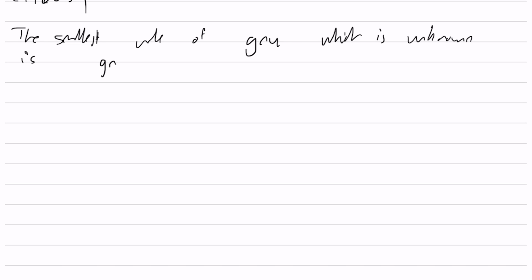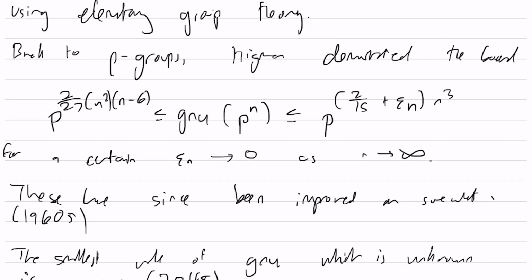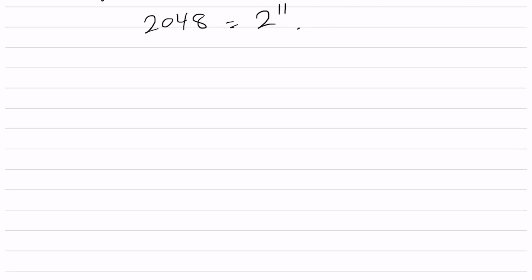The smallest value of GNU which is unknown is GNU(2048). Why is that? Well, 2048 is 2 to the power of 11. And it turns out that for groups whose order is a power of 2, there's just loads of them, and it gets pretty difficult to classify them.